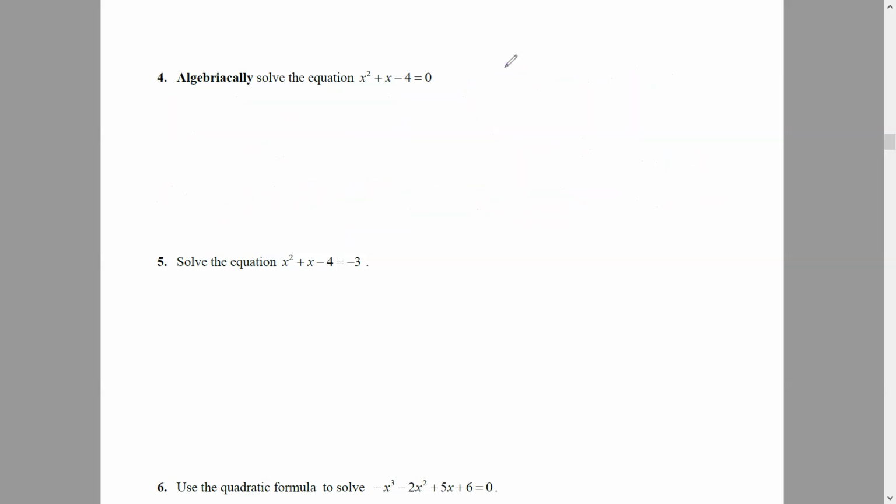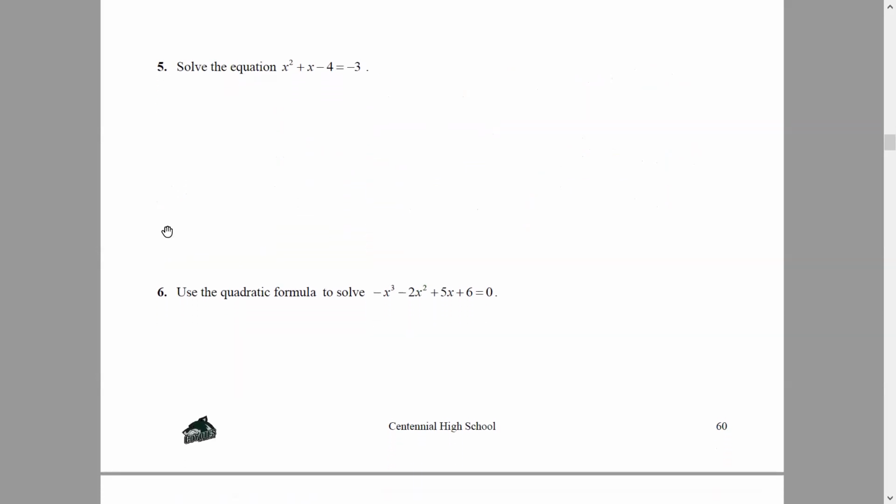Okay, the next one, number 5. I don't know if I want to go all the way through number 5. All I really want to say is when I'm trying to solve something algebraically, I need you to make one side equal to 0.